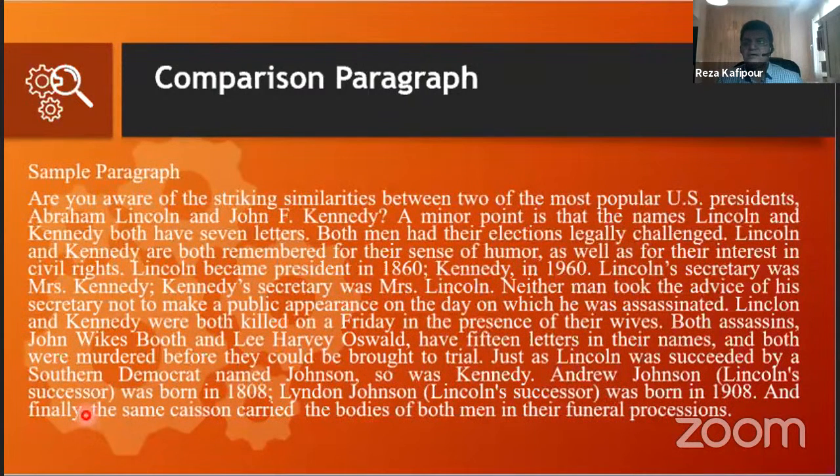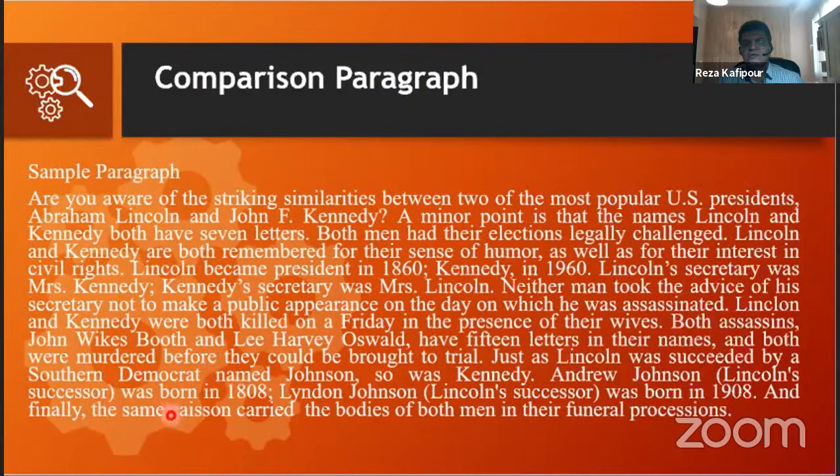If you remember, we said listing signal for enumeration paragraph can appear in all other types of paragraph. So, and finally, it showed we are going to discuss the last major supporting sentence or last similarity between these persons. The same person carried the bodies of both men in their funeral procession.